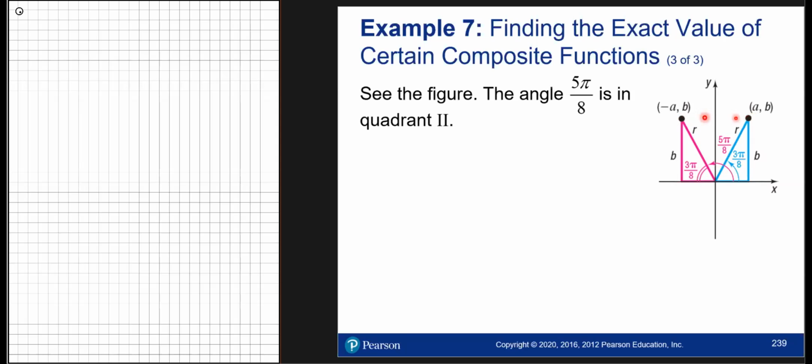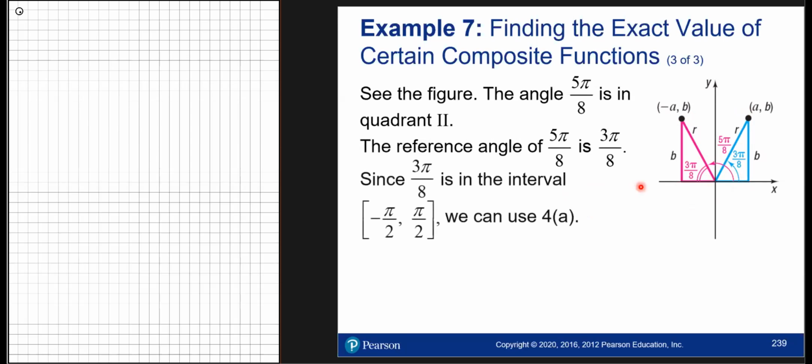Because the B value is the same on those two angles, that's the Y value. That's the sine value, sorry. The Y value, which is the sine value of this angle. So the sine of 3 pi over 8 is exactly the same as the sine of 5 pi over 8. So the reference angle for that is 3 pi over 8.